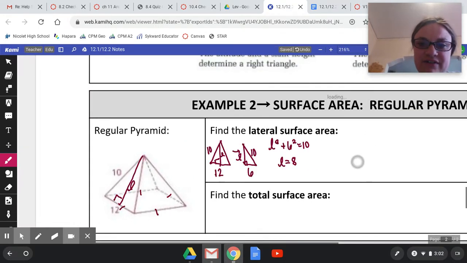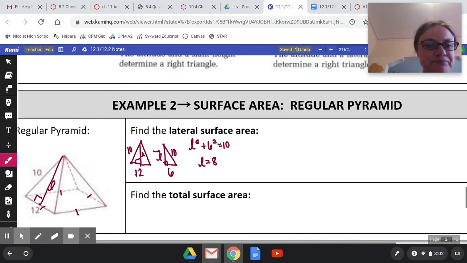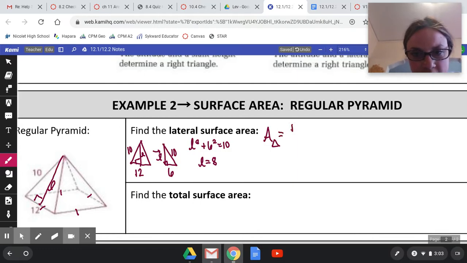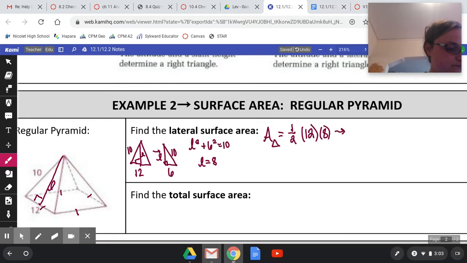So now to find my lateral surface area, since this is a regular pyramid, I have 4 of the same triangle. So if I find the area of one of those triangles, the area of a triangle is equal to 1/2 times the base of that triangle, which is 12, times the height of the triangle, which is 8. That will give me 48 square units.